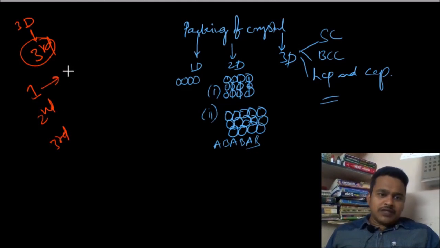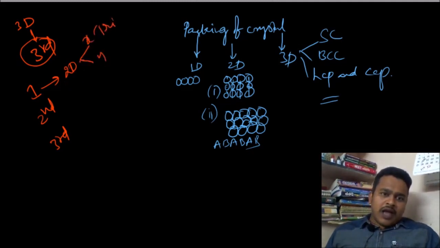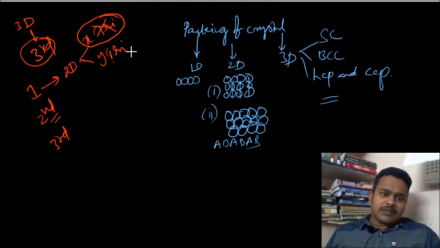Once the first layer is formed in a two-dimensional way, an x triangular gap and a y triangular gap form. Any one gap you have to fill to get the second layer. Okay, we fill the x gap. Once the x gap is filled, the second layer is formed.